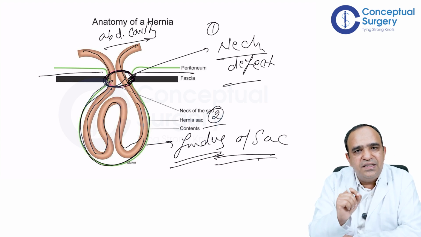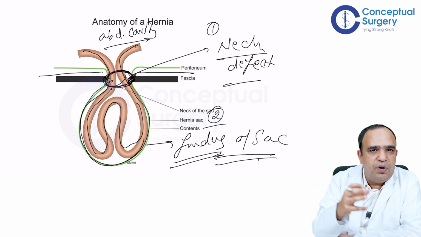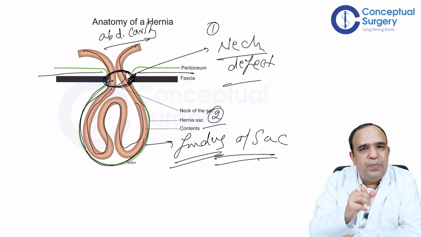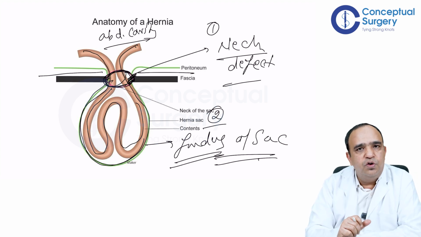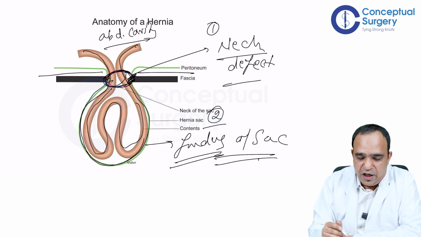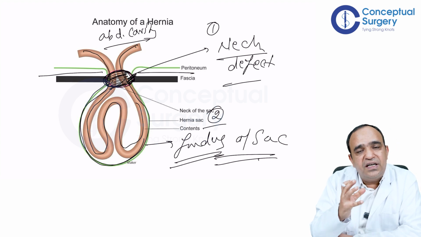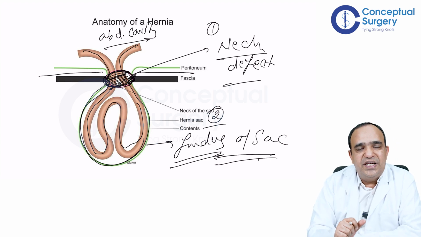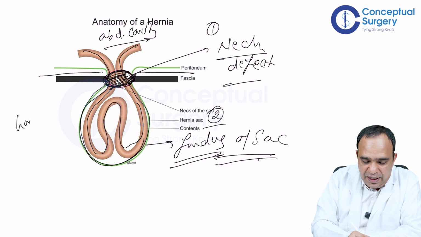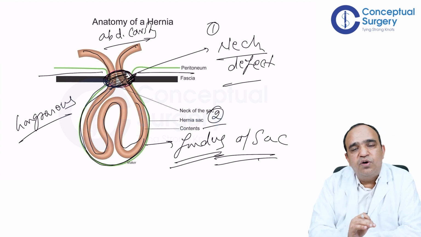If you release the deep ring, the bowel will immediately slip back into the abdomen, and you won't be able to see it then. In a strangulated hernia, what do we mean by strangulation? Strangulation means that when the neck is tight, the vascularity of the contents is compromised and reduced, so the contents can become gangrenous. That's called a strangulated hernia. Any hernia can get strangulated.